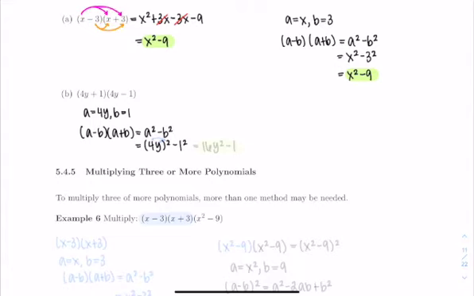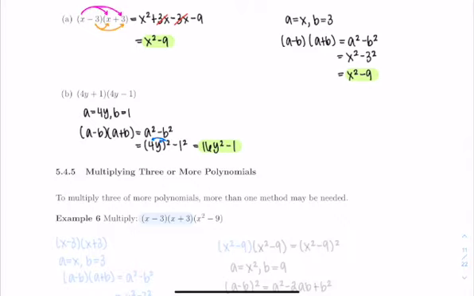You have to remember to distribute the square to both pieces. And so we end up with 16y squared minus 1. And if you were to multiply this out the long way, you would get the exact same answer.